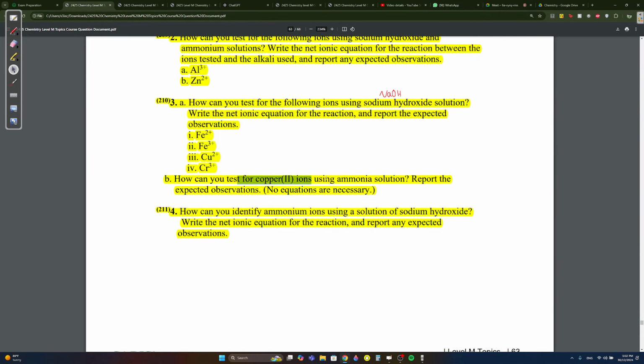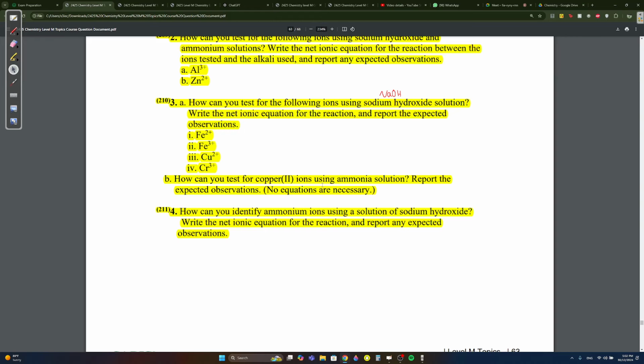How can you test for copper ions using ammonia solution? Report expected observations. No equations are necessary.